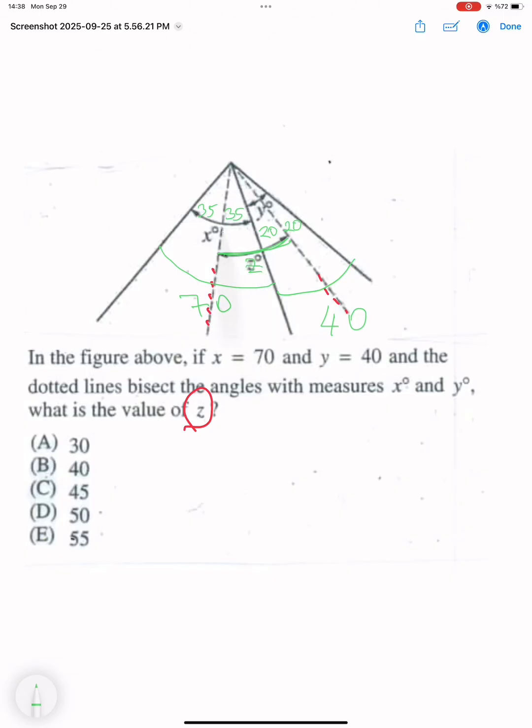As you can see we have 35 and 20 for z angle, which we need to add them up, 55. That's an easy question.